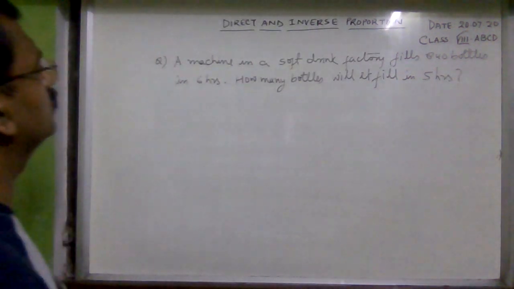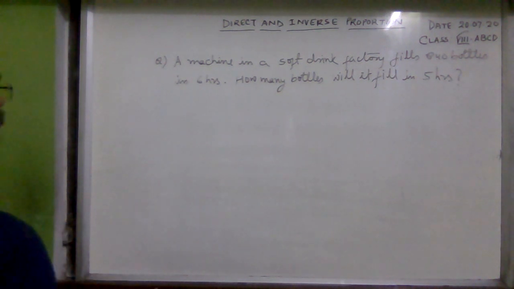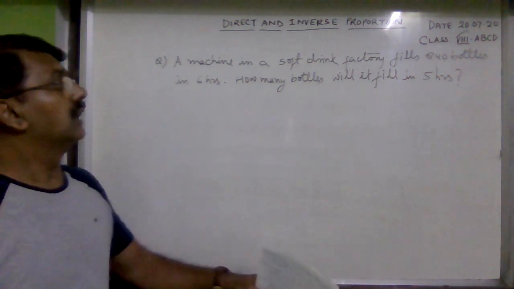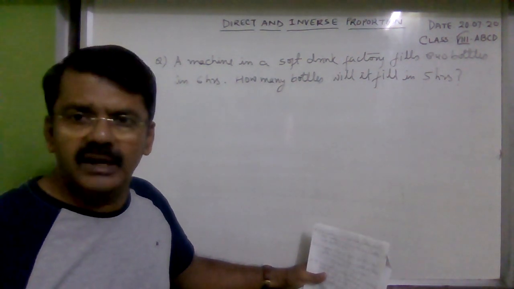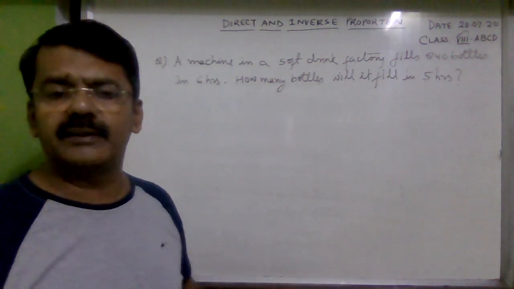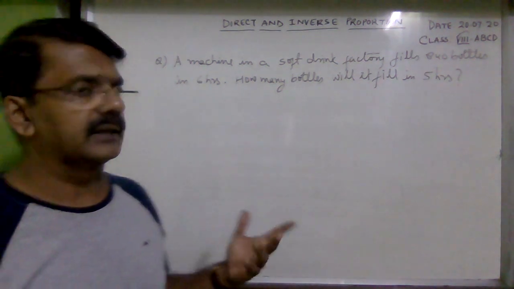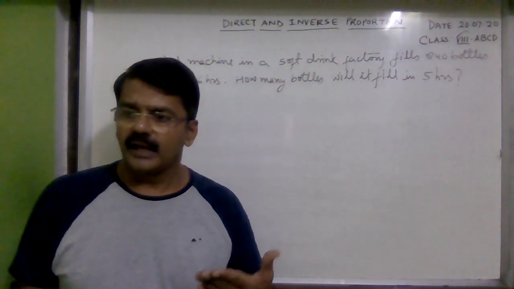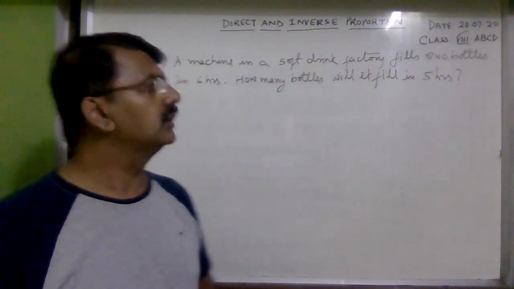So here the two quantities are the number of bottles filled and the time taken. So obviously, if less number of bottles are there, the time taken will be less. If more number of bottles are there, then the time taken will be more.